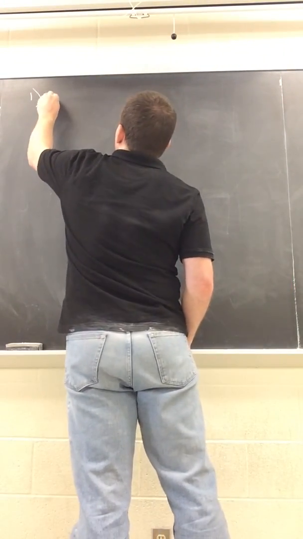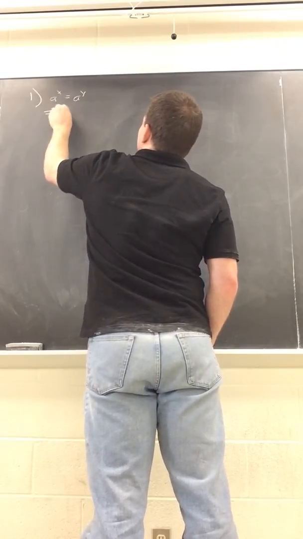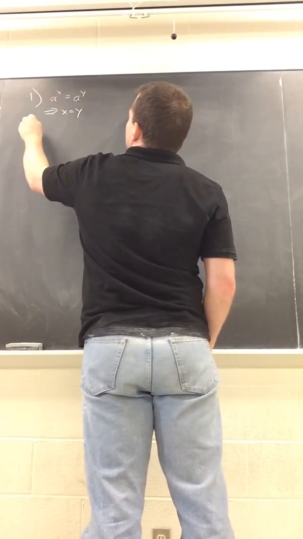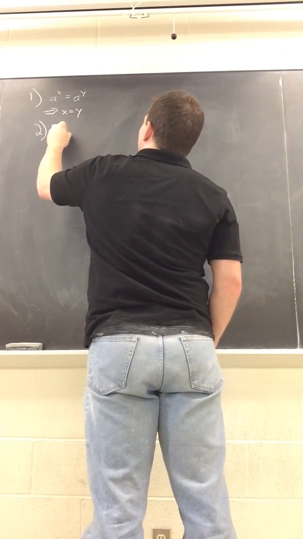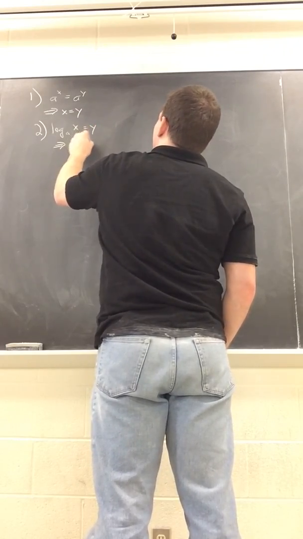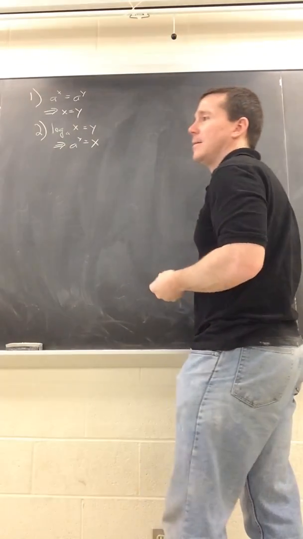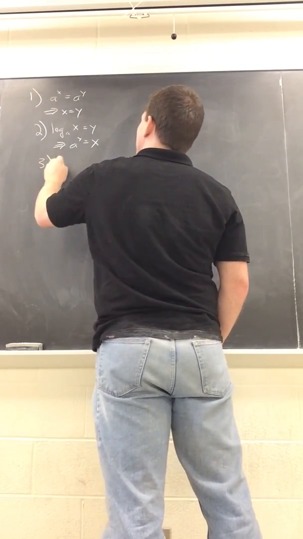So, let's run through these, because we're going to use all these properties to solve things. We have our rule for exponentials: if a to the x equals a to the y, then x equals y. We have now the definition of a log: log base a of x equals y means a to the y equals x. There's actually a similar property for exponentials for logs.